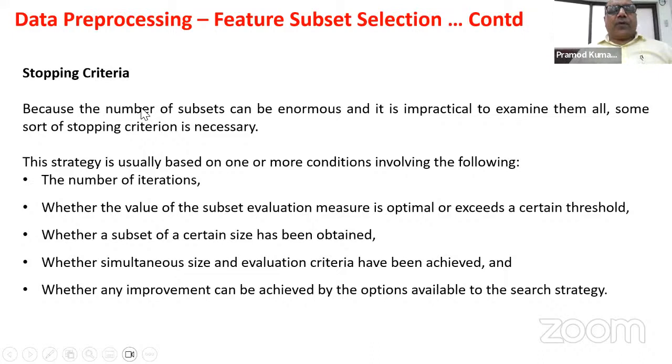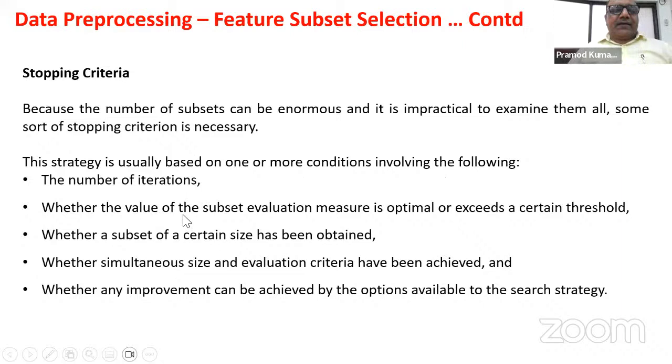Then we talk of a stopping criteria, that is, when we will stop. Because if you do not stop, we will go on with enumeration or the exhaustive search. This strategy is usually based on one or more conditions involving the following.